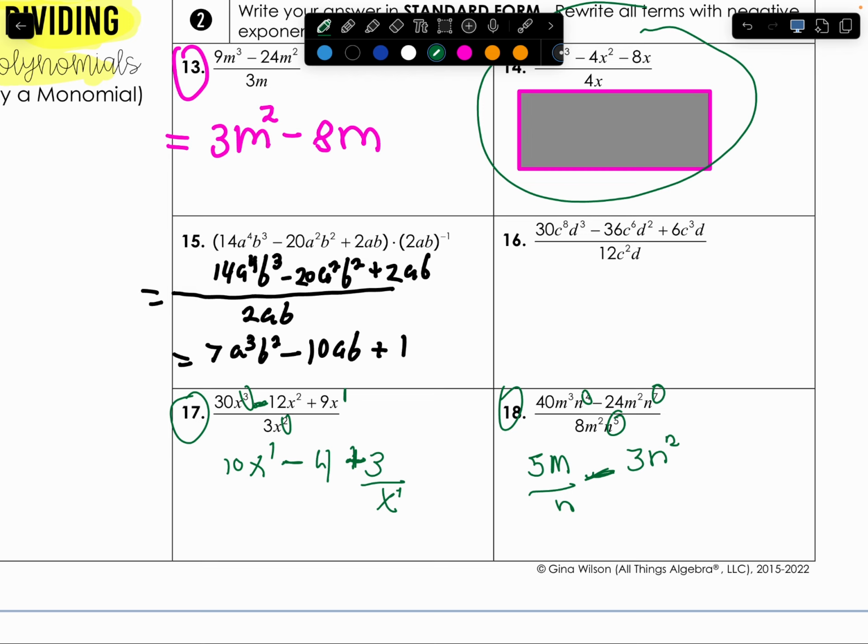So 12 over 30, you can simplify it down because I think 6 times 5 is 30 and 6 times 2 is 12. And you've got C8, C2, that's C6 on top. And D3, D1, so that's D2. Whoops, I said D and I put a B. D2 on top. Extra 2 D's on top. Minus sign right here. 12 goes into 36 3 times.